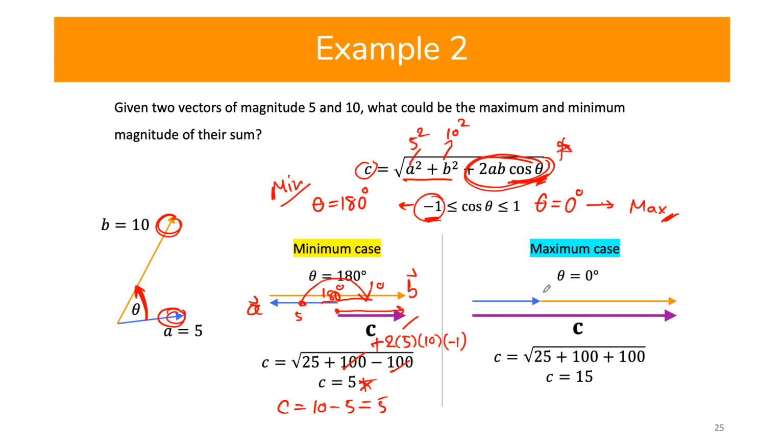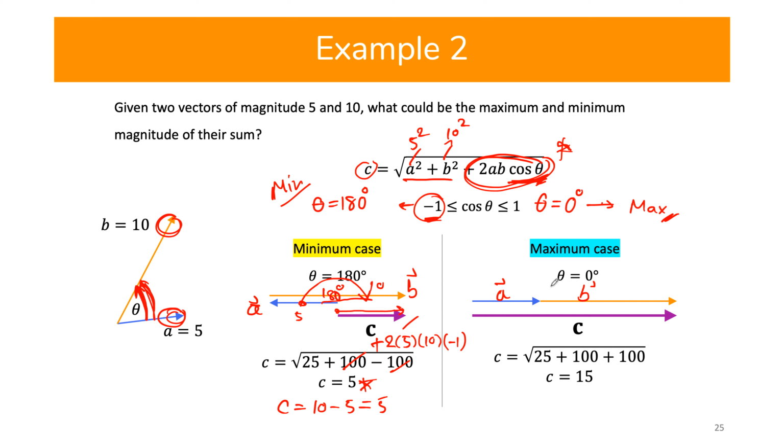They are aligned like this. So what I'm drawing here is A and B over here. They are parallel, pointing in the same direction, because we are closing the angle between A and B when theta is equal to 0. I stack them up, putting the tail of B to the head of A.